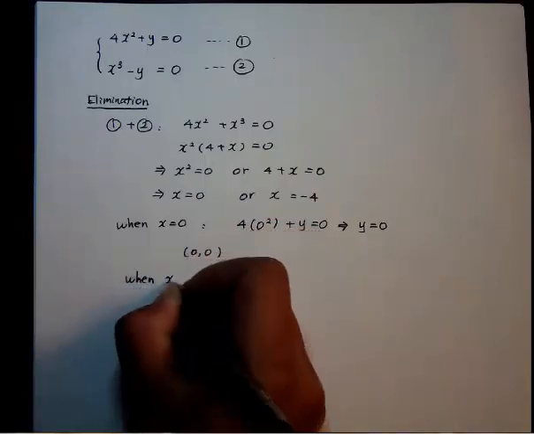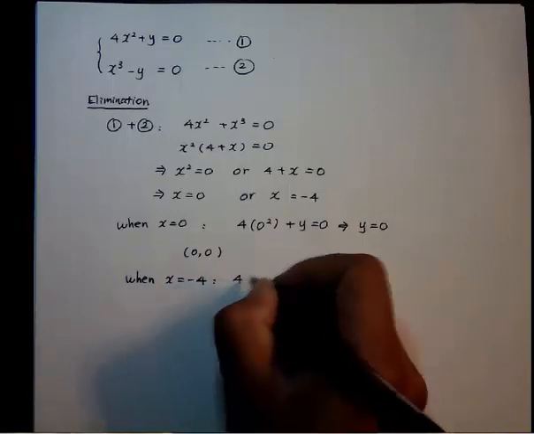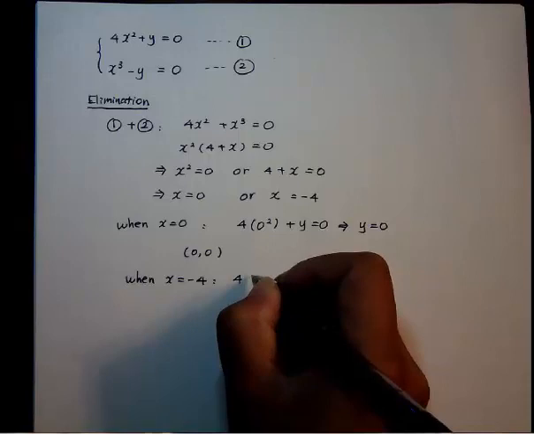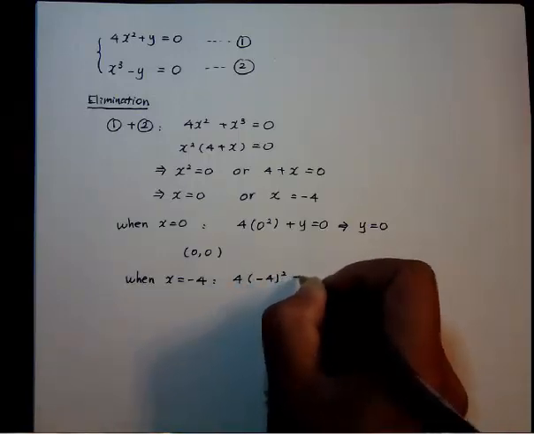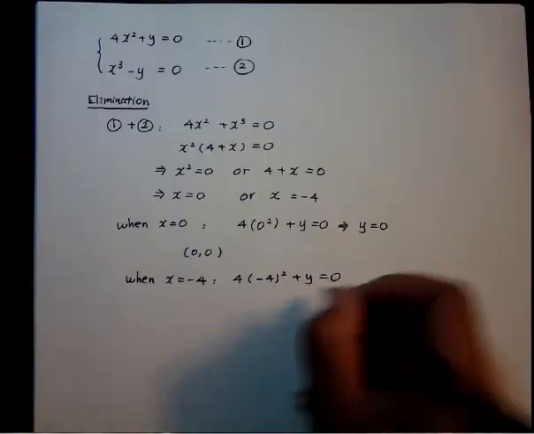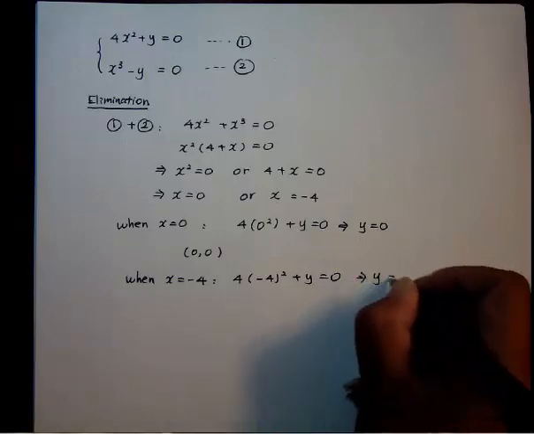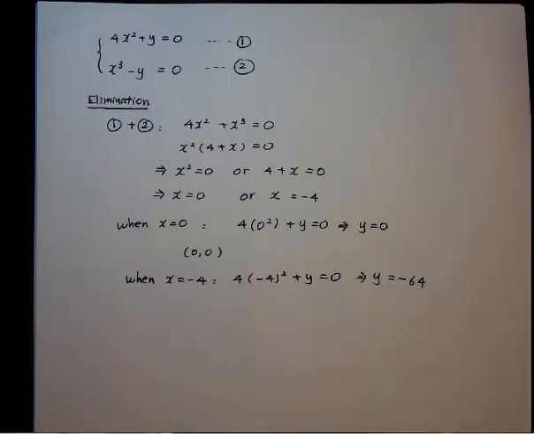When x is equal to -4, what do I have? 4 times -4 squared plus y equals 0. So 4 times 16, that's 64. From here, we get y is equal to -64.